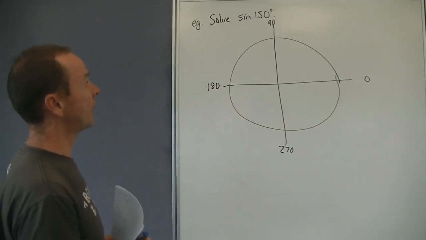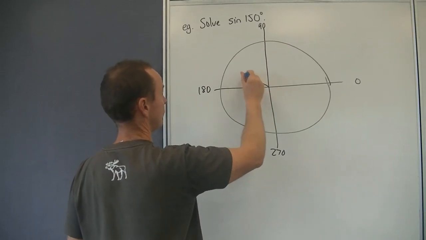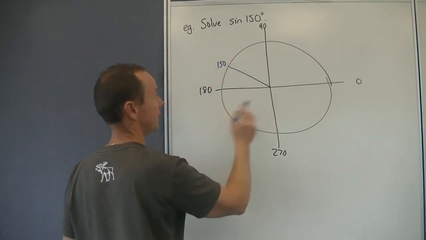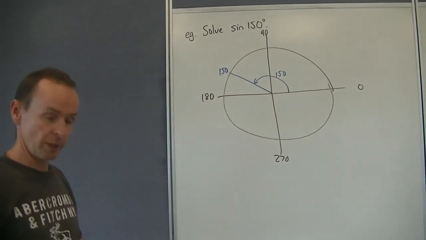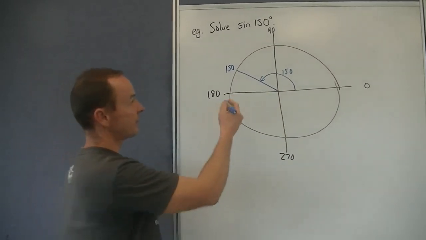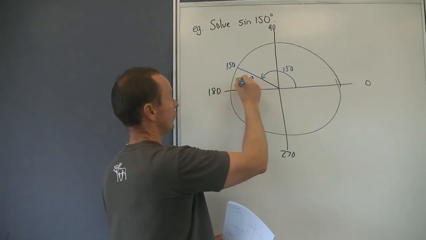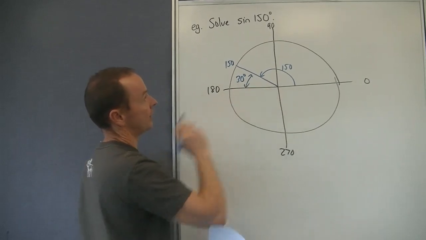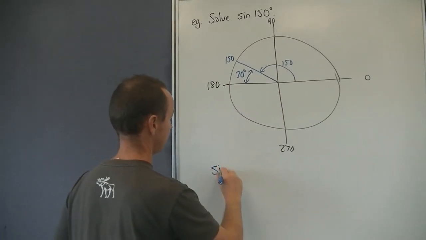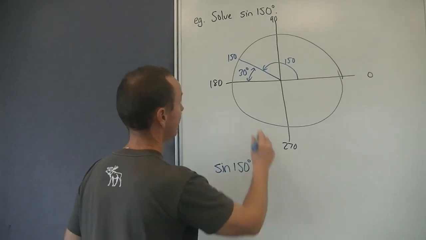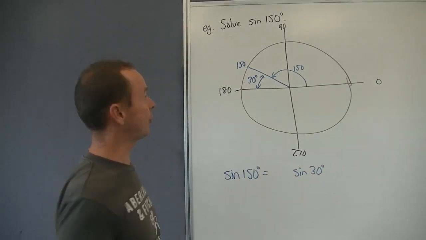Alright, so we're going to solve sine 150. Start off at 0 and we go around to 150 degrees, which is there. That angle is 150, so that's not the angle that we need. We want a reference angle. A reference angle is always taken from the horizontal, which is here. And the difference in there is 30 degrees. So sine 150 degrees is equal to sine of our reference angle, which is 30 degrees.